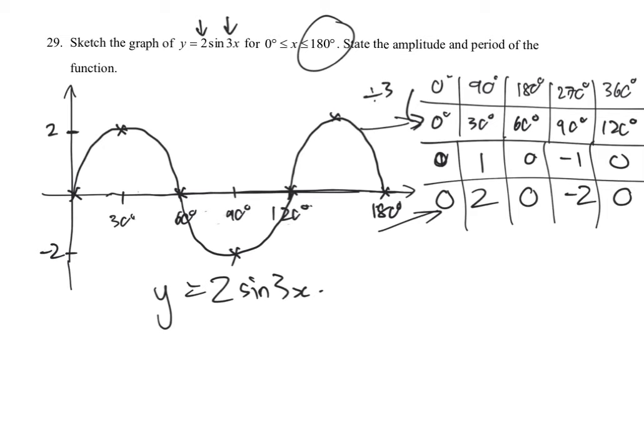The what? There's a 2 in, yeah, the 2 changes the amplitude. That's why 1 becomes 2, everything times 2. Eh? The height. Remember we said the height, number in front changes the height. Yeah, so now everything go to 2 and minus 2.